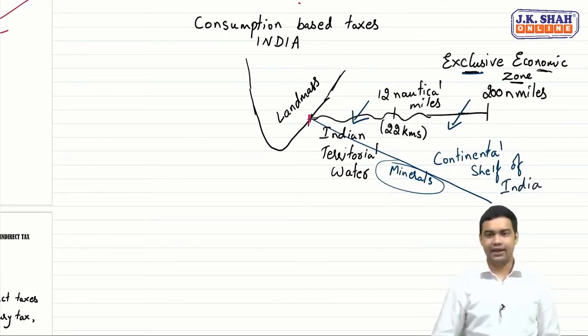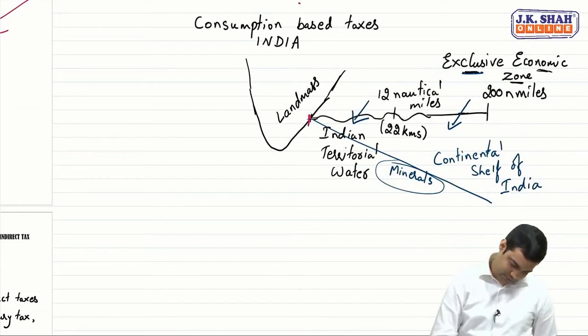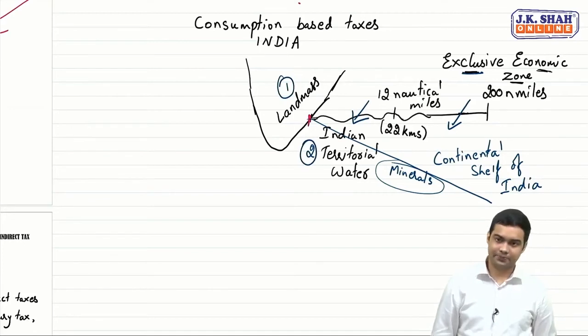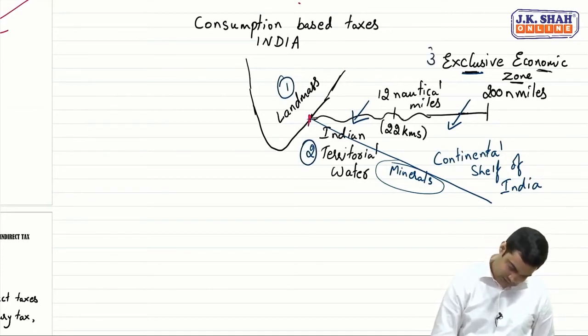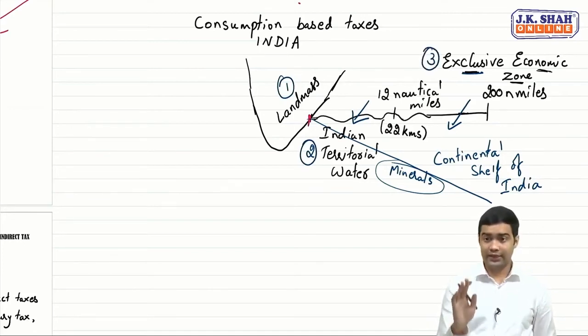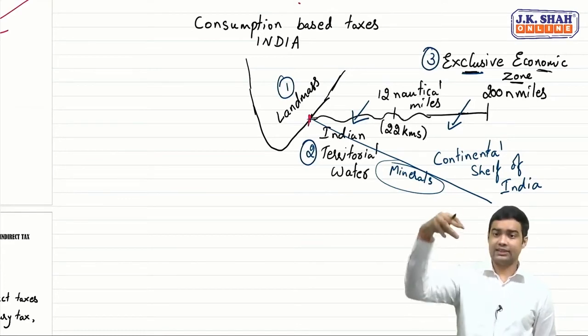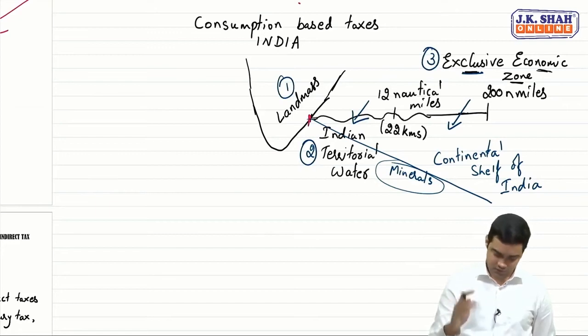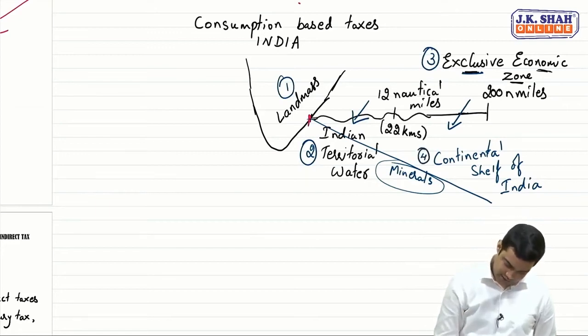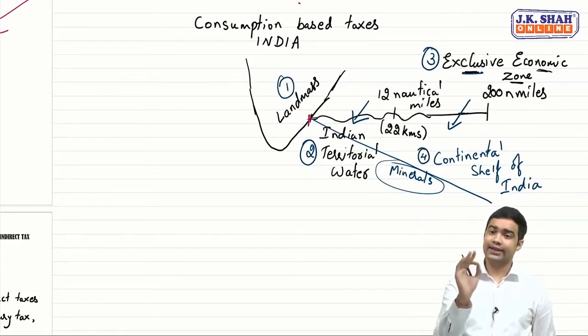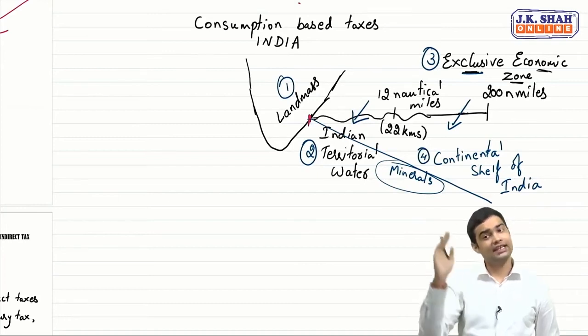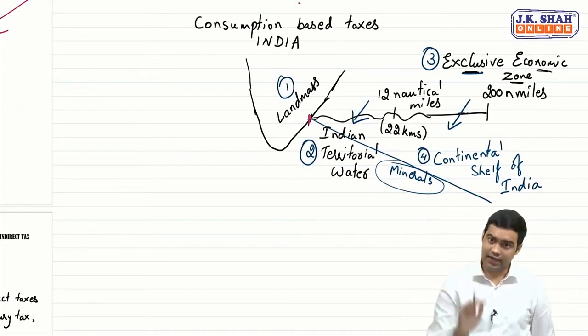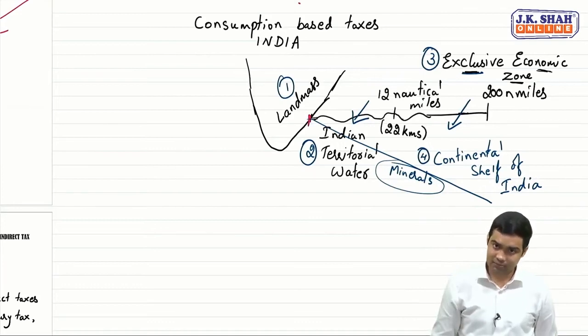So India is landmass, Indian territorial waters, exclusive economic zone only to the extent of notified economic zone where extraction is carried out, and fourth, continental shelf of India, again to the extent of notification in a maritime act where extraction is taking place.